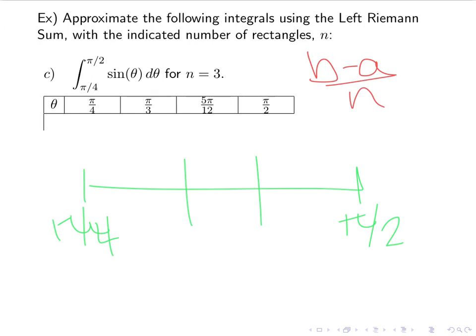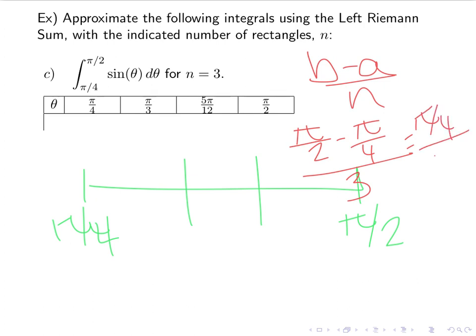We have fractions here, so just be careful. So pi over 2 minus pi over 4, over 3. Pi over 2 minus pi over 4 is pi over 4, and then over 3 gives us pi over 12. So our delta x, or delta theta in this case, is pi over 12.